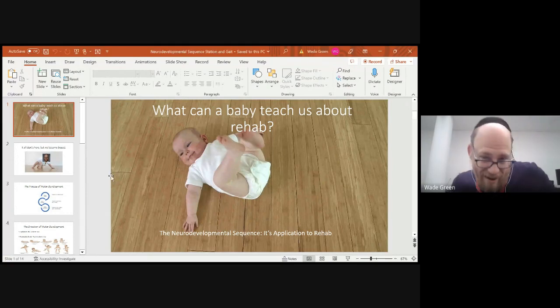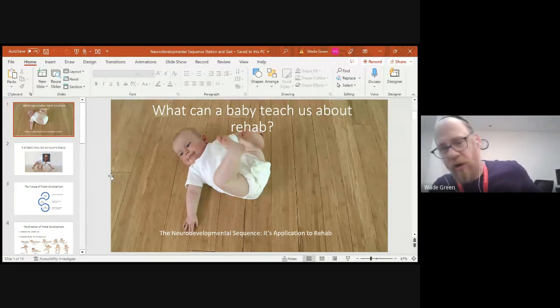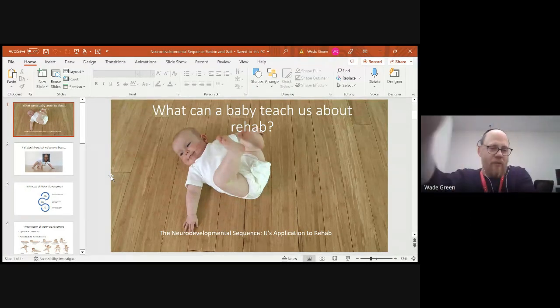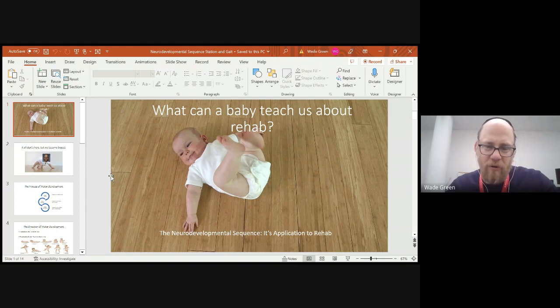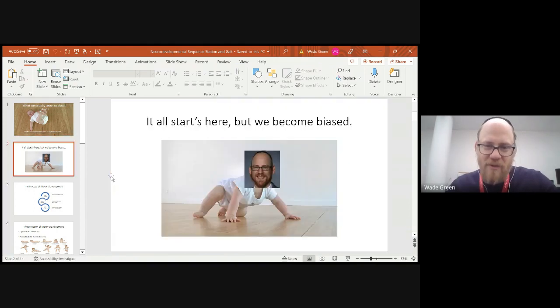So why, in the first place, learn about the neurodevelopmental sequence? Ultimately, the bottom line is that we learn about it because it is the foundation of all rehab.